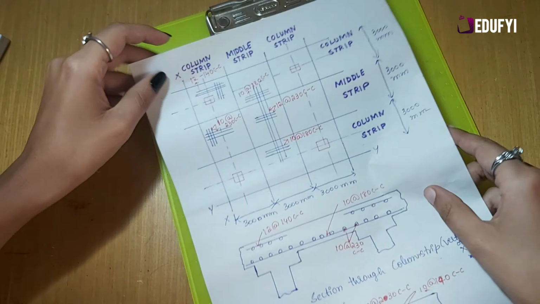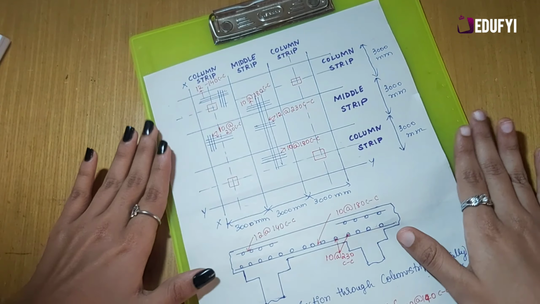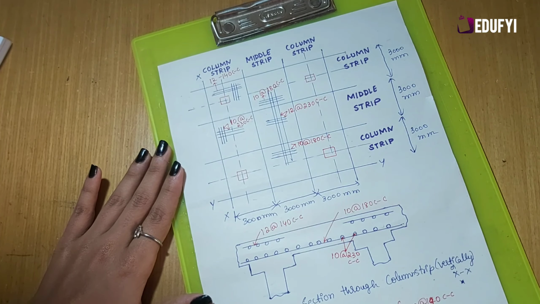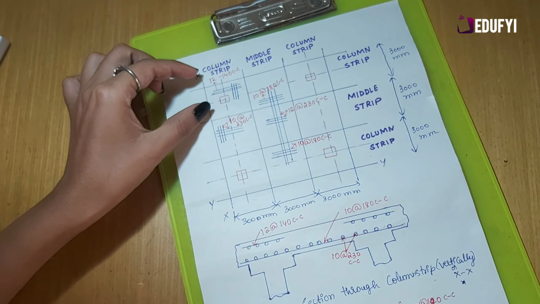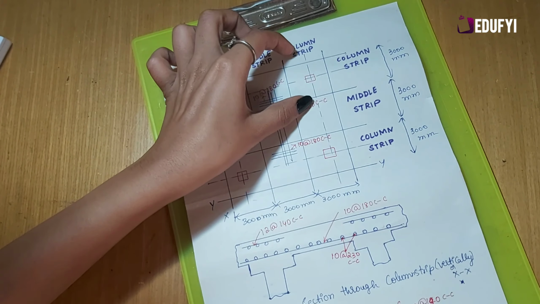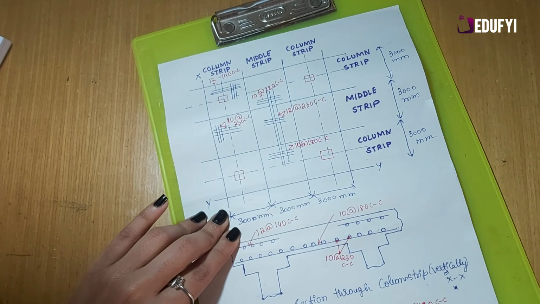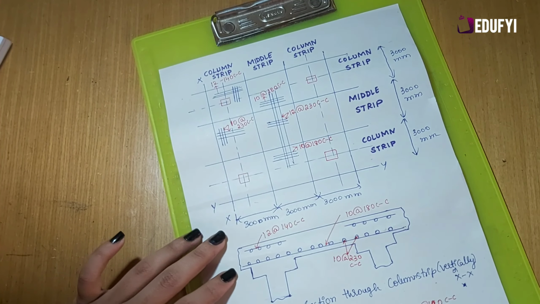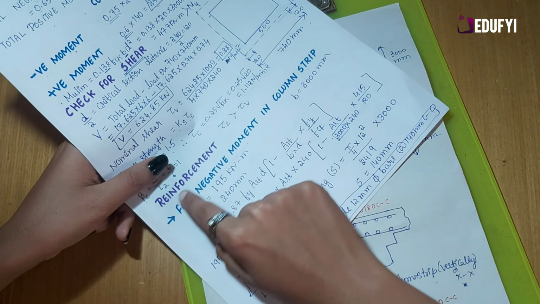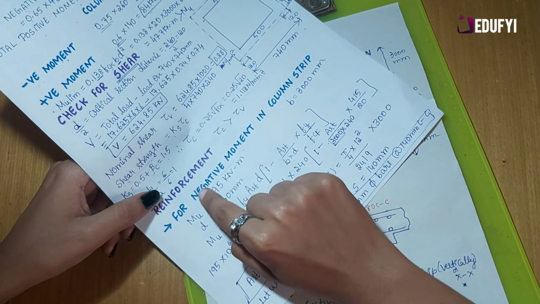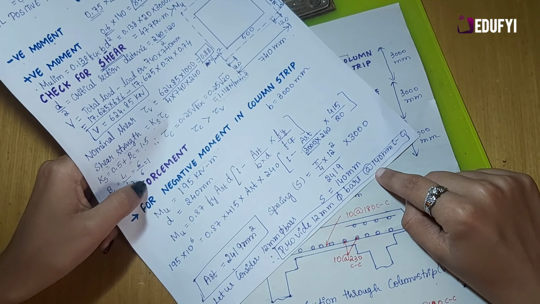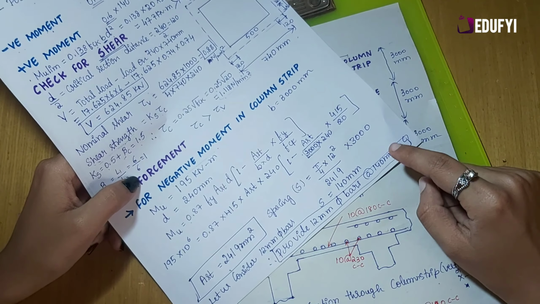So lastly, this is the sketch where we show all the reinforcements that we have provided, starting from the column strip, middle strip, again column strip. We have already discussed it is 3000, 3000 and 3000. So first reinforcement that we have designed is for negative moment in column strip, that is we have provided 12 mm dia at 140 mm center to center.